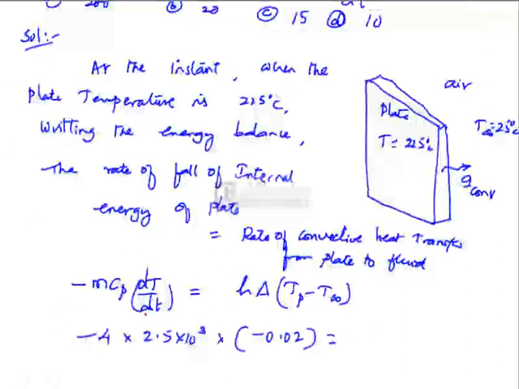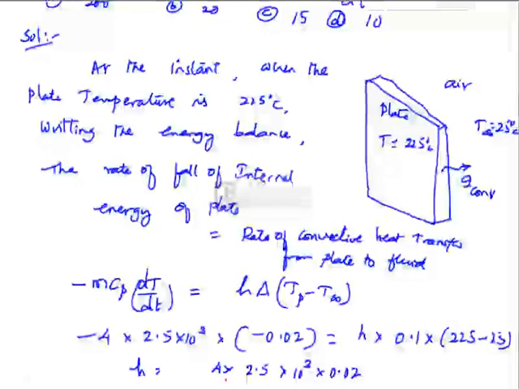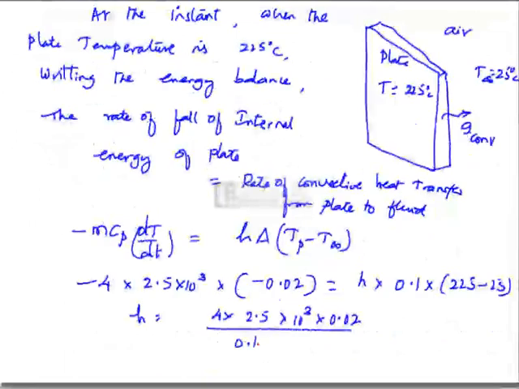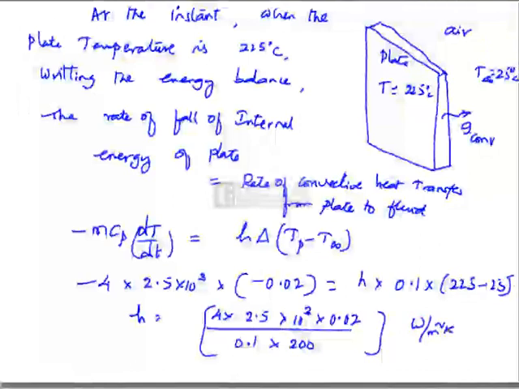Minus sign only indicates that it is the rate of decrease in temperature. h we do not know. Surface area of the plate total is 0.1. Temperature of the plate is 225 minus 25. Therefore h is equal to 4 into 2.5 into 10 cube into 0.02 divided by 0.1 into 200. So many watts per meter square Kelvin.